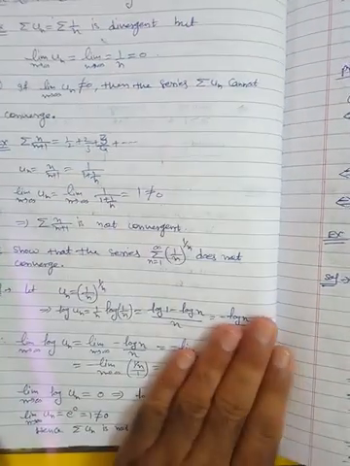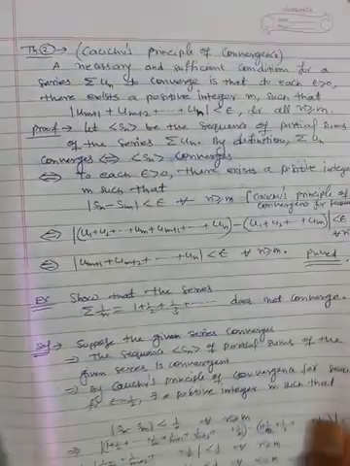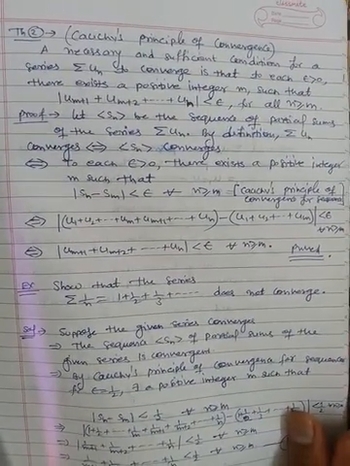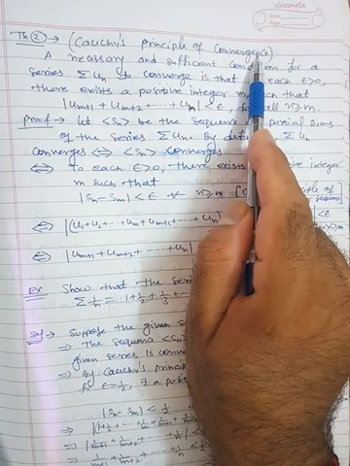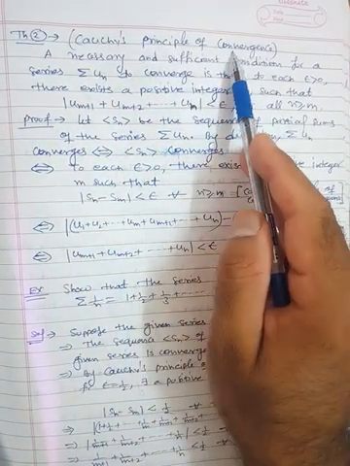So these are the examples. Now we have another theorem, which is the Cauchy principle of convergence for the series.